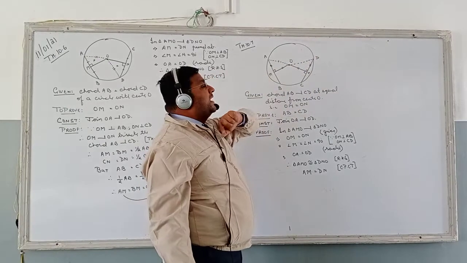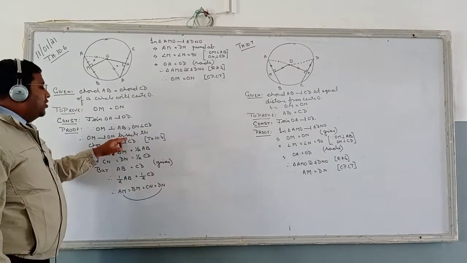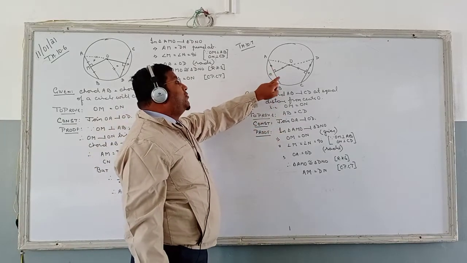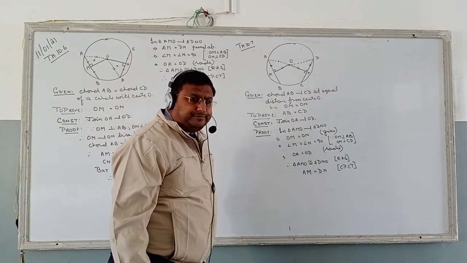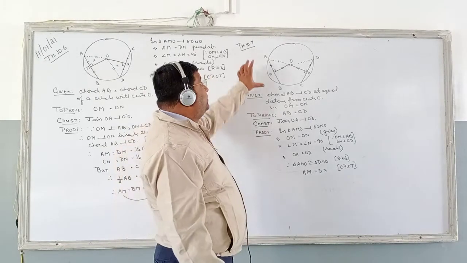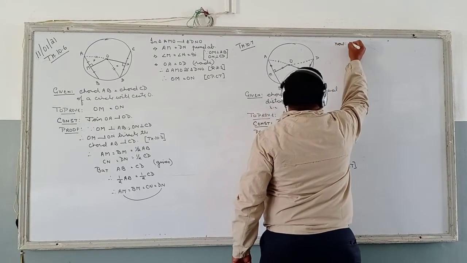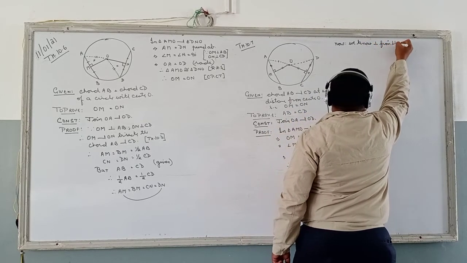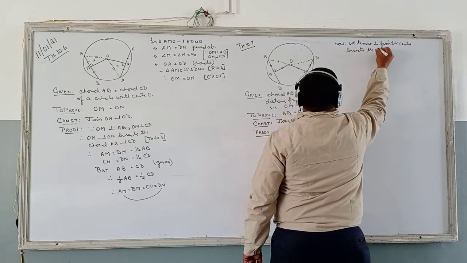So here, we can see that this is the perpendicular from the center. It does what? It bisects the chord. The perpendicular from the center bisects the chord. So will AM be equal to BM? Yes, sir. Similarly, DN will be equal to CN. And after that, we will be proving that the complete side is equal. Now what do we know? Perpendicular from the center bisects the chord.